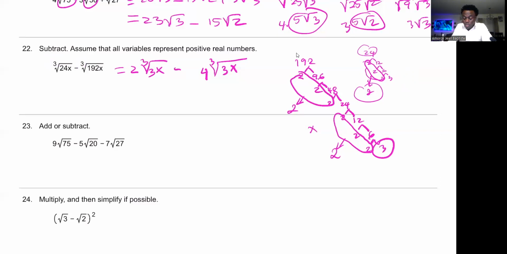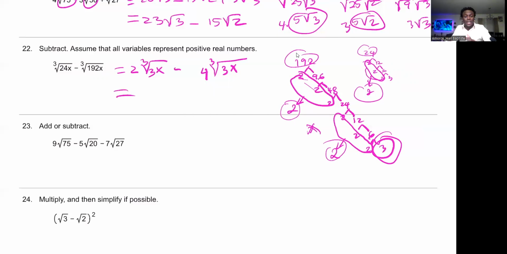And then we take the 192, break it down, find 2 groups of 2s. 1 goes out from each, multiply them, and then we get 4 on the outside. 3 did not group, get it inside, and then the x, power smaller than the index, stays inside. Okay? And then now we have like radicals. That was the problem, actually.